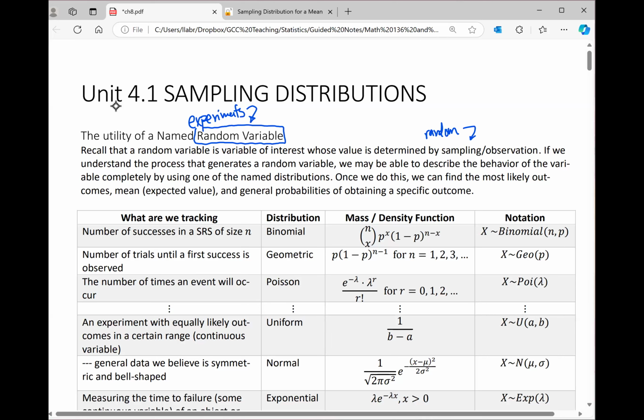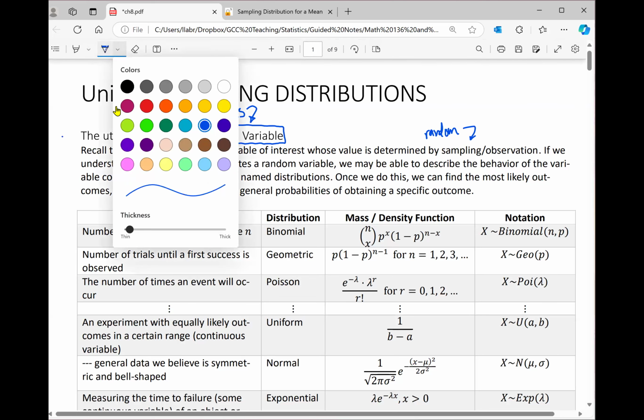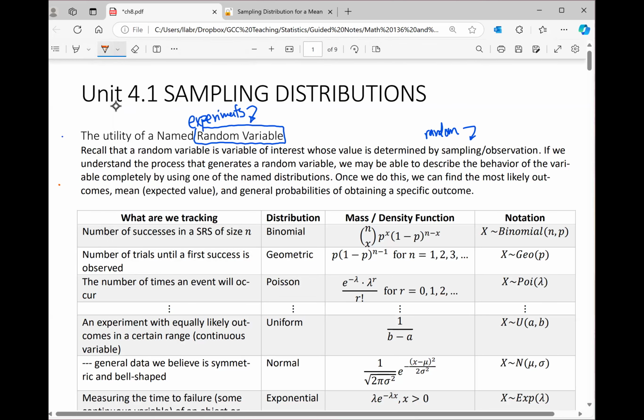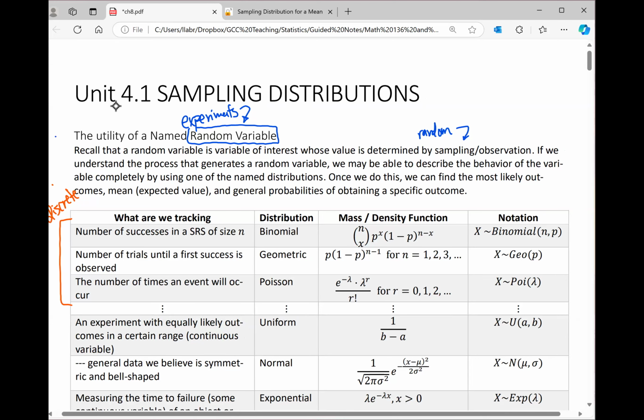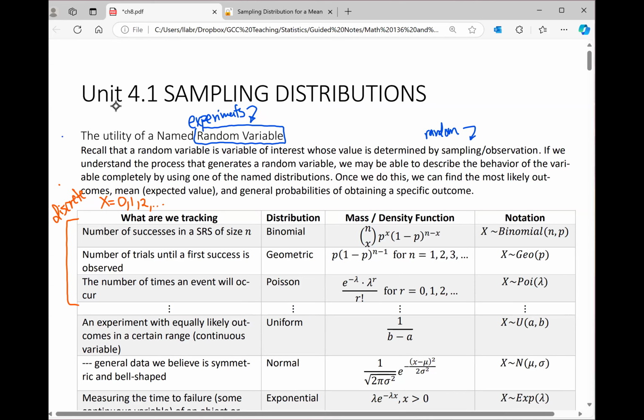In the previous section, we essentially studied two kinds of random variables, and those were the discrete and continuous. So discrete random variables were the random variables that result in whole values. For example, x equals 0, x equals 1, x equals 2, and so on. And that's why they were called discrete.